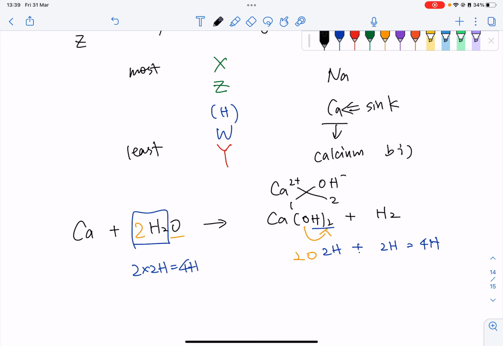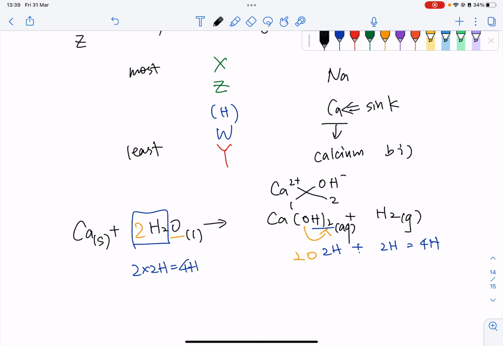Last step, remember the state symbols: gas, liquid, aqueous, or solid. So calcium is solid, water is liquid, and this one is aqueous. I think it slightly dissolves in water, so it could be aqueous, but it is relatively insoluble. And the H2 will be gas, right? Is it aqueous or solid that's written on the textbook?